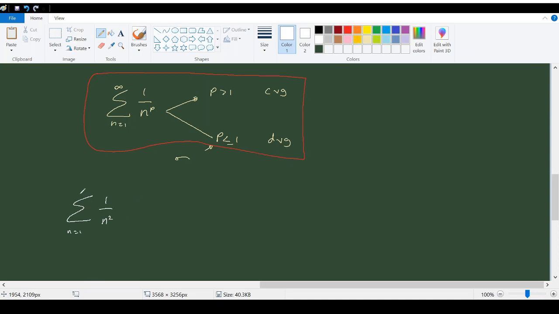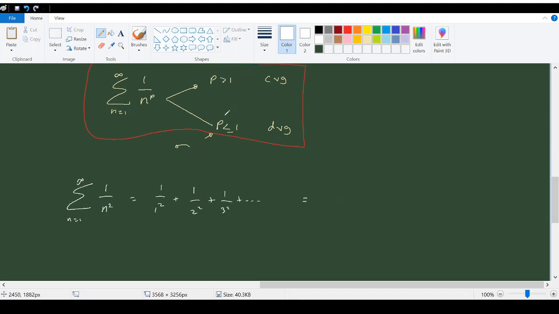That means it basically has a value when you add up all these terms, 1 squared, 2 squared, 3 squared, and so on. It will have a finite value, right?